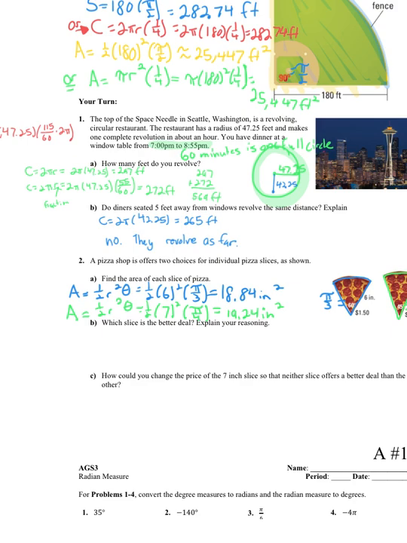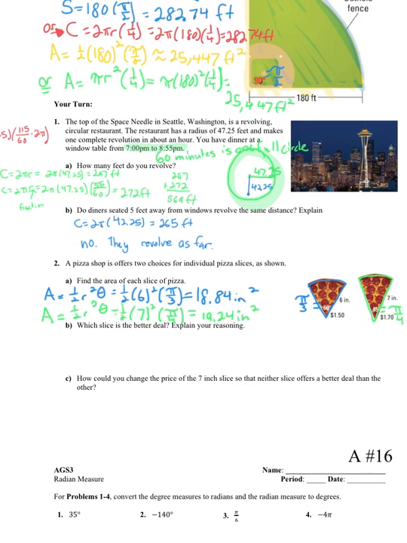It's a little less than an inch bigger, so not a huge difference, but it's definitely bigger. Now the second part says, which slice is the better deal? I see the 6-inch slice is $1.50, the 7-inch slice is $1.70. So it's kind of hard to tell because the 7-inch slice is bigger, but it also costs a little bit more, 20 cents more to be precise.